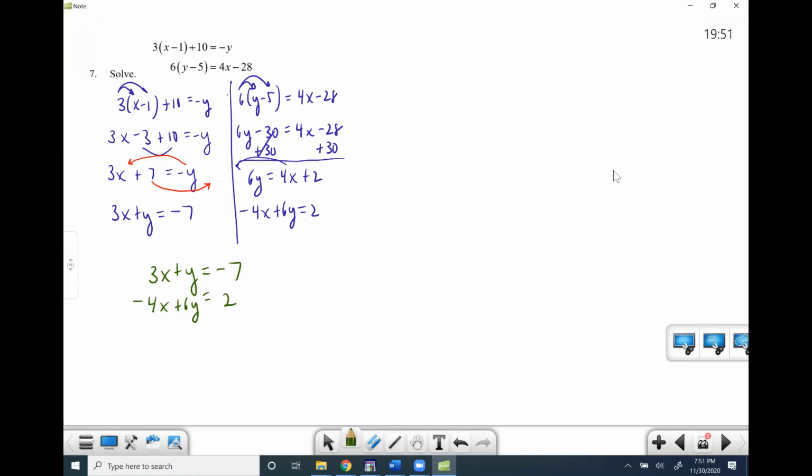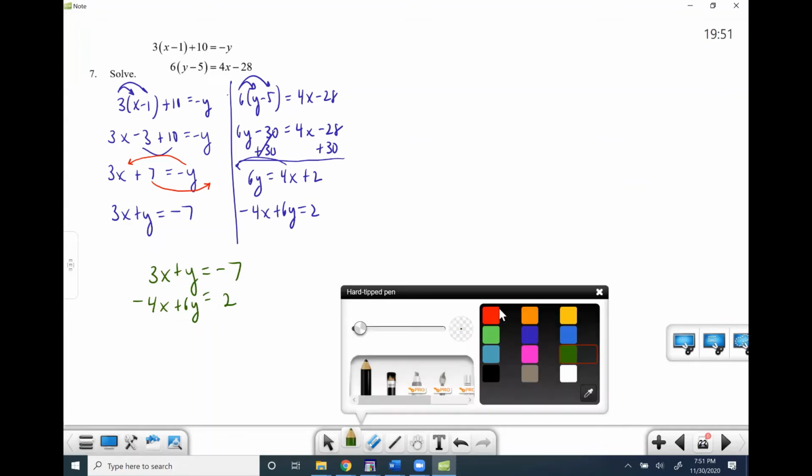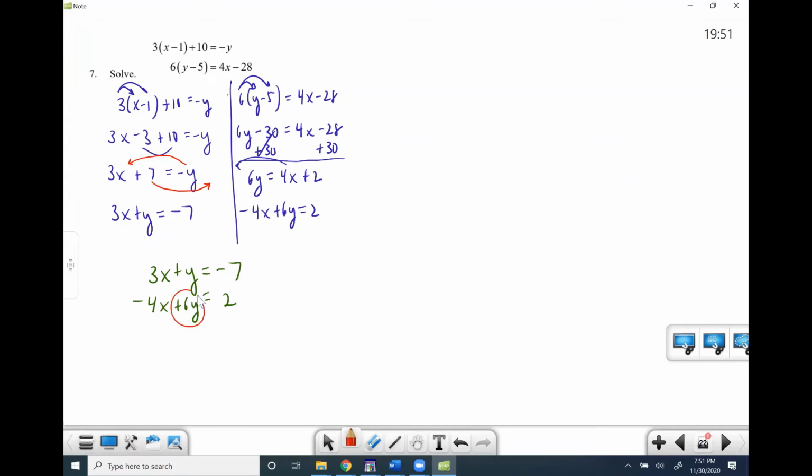Yeah, you're right. If we wanted to get rid of the y's, this one's a 6y, so we would need this one to be a negative 6y. What do we need to multiply by to make that happen? Yeah, -6. Very good.